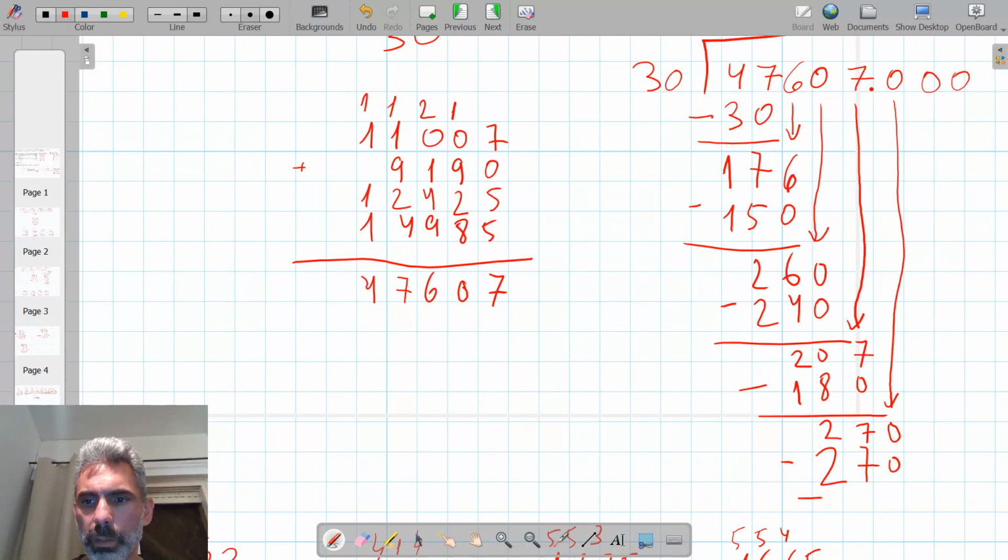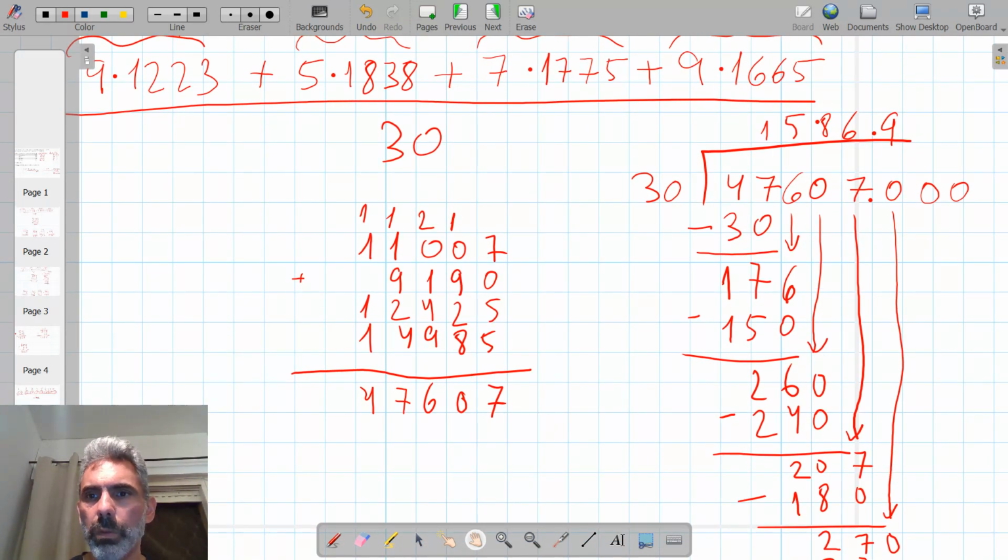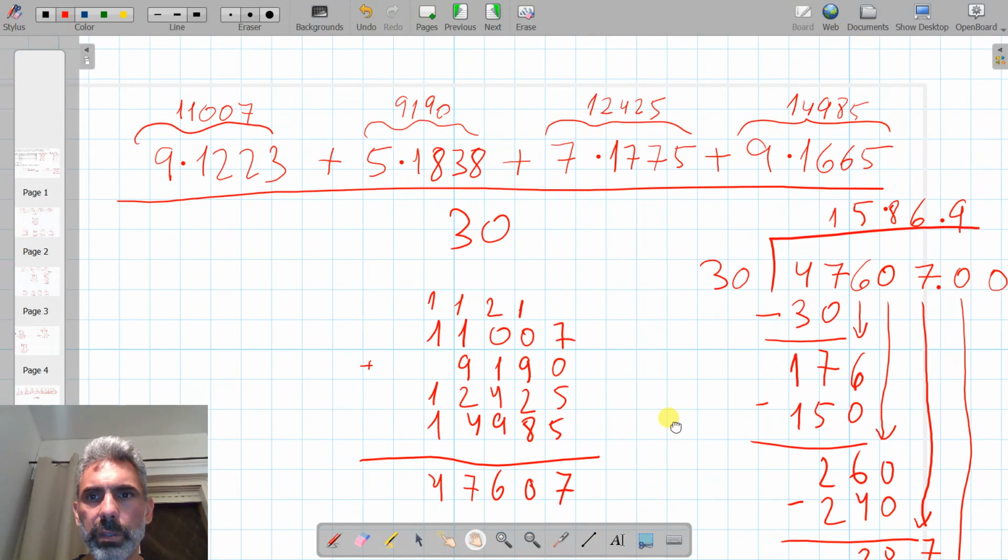And I have here no remainder. So 47,607, which is the sum of all the daily balances, divided by 30 gives us 1,586 and 90 cents. So this is the answer.